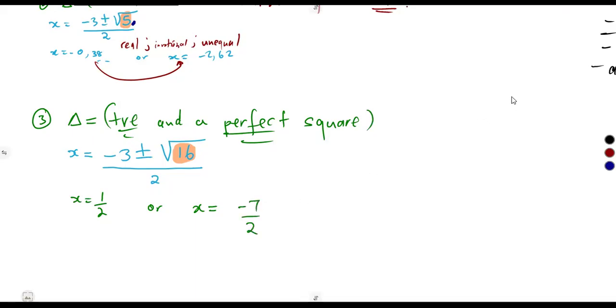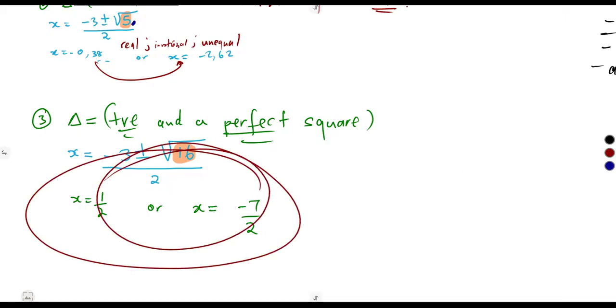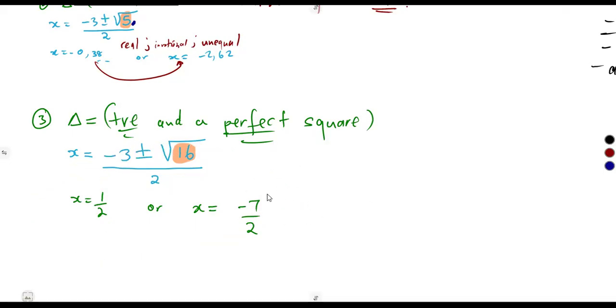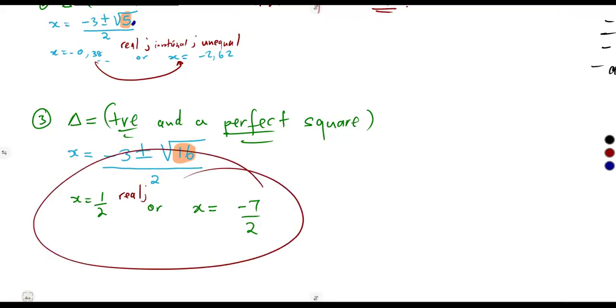Guys, what is it? Just having answers, just to say your calculator managed to calculate that value. It means we are talking about real solutions here. These are real numbers.